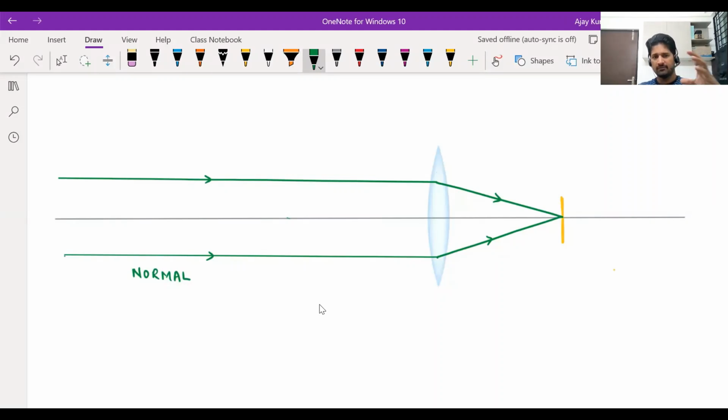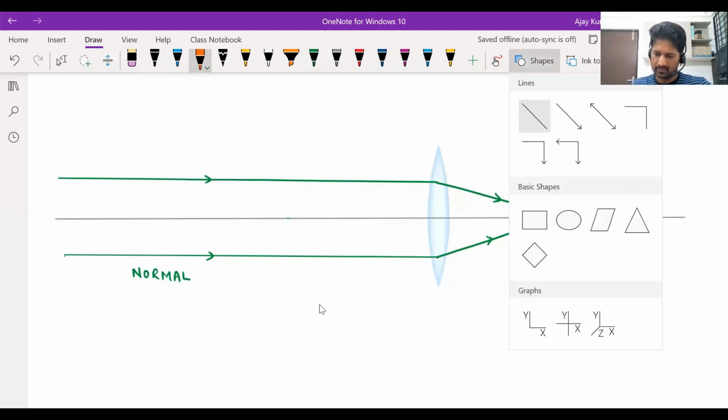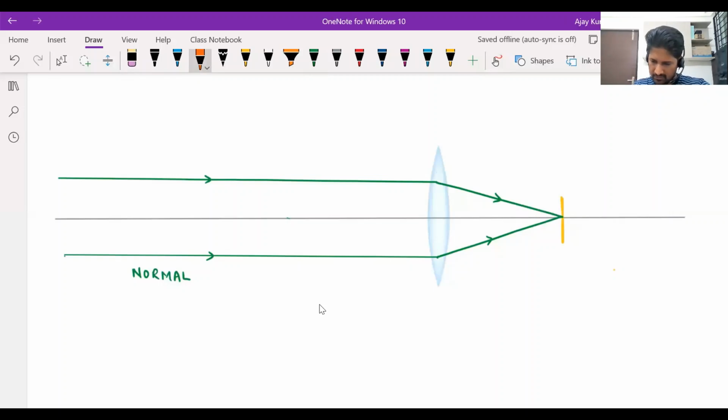Okay. If a faraway object like this is present, if rays are coming from infinity, what the myopic eye will do is it forms an image in front of the retina. It bends the rays too much, or you can say it converges the rays too much.